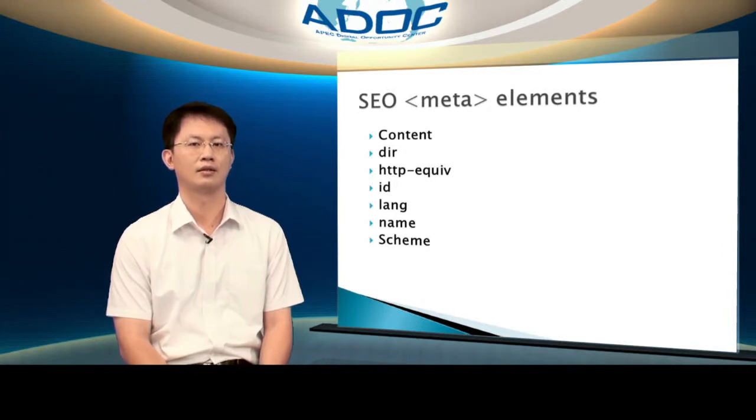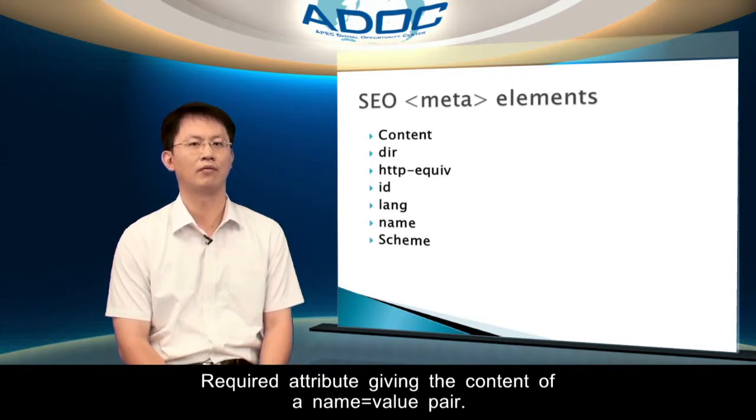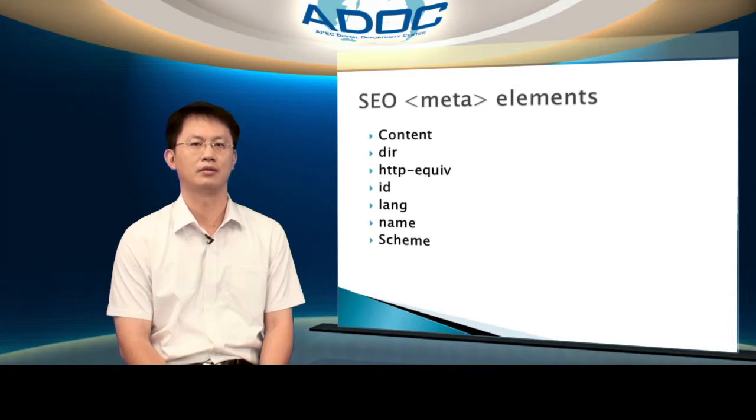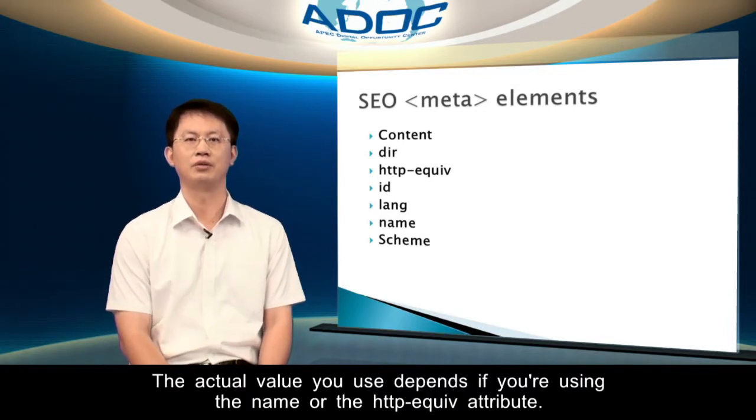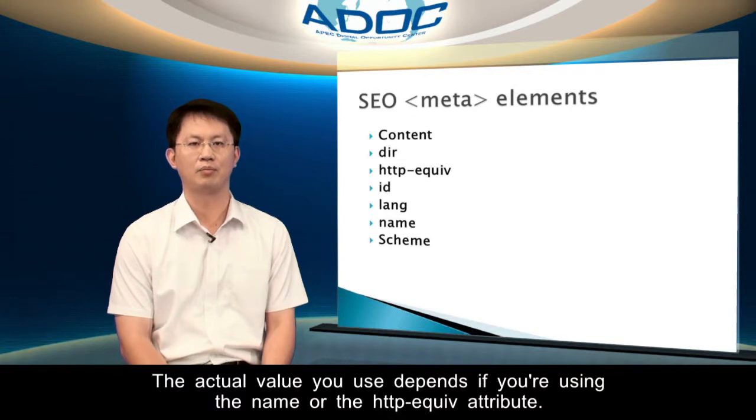Content: a required attribute giving the content of a name-equals-value pair. The actual value you use depends on whether you are using the name or the http-equiv attribute.